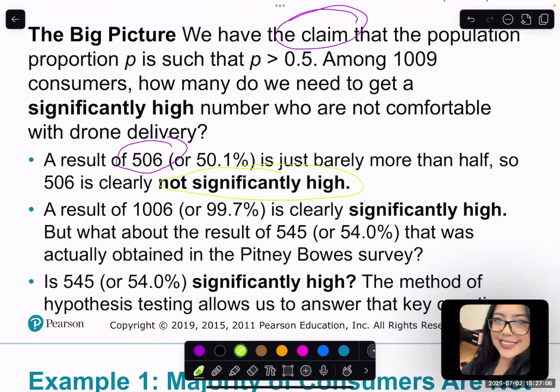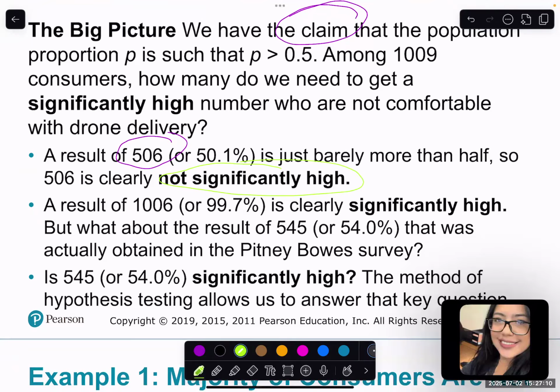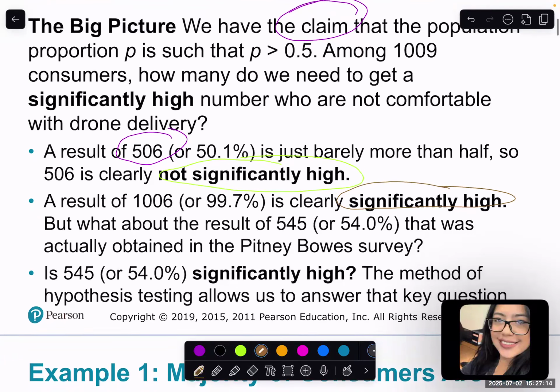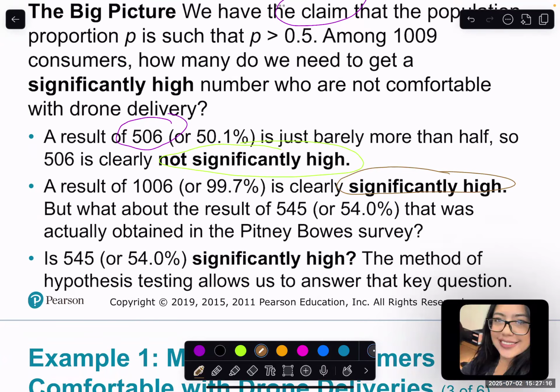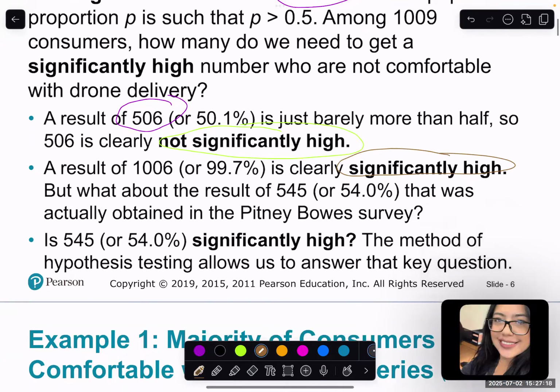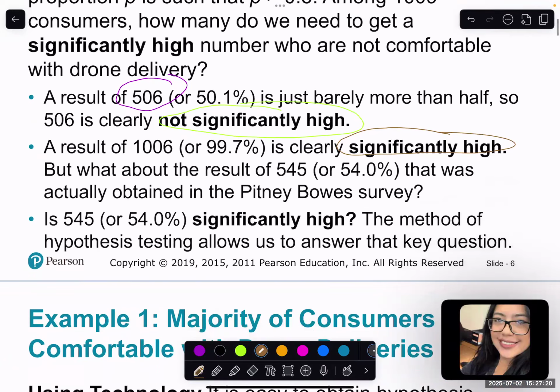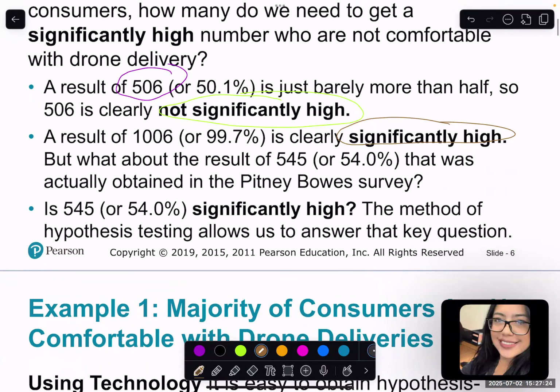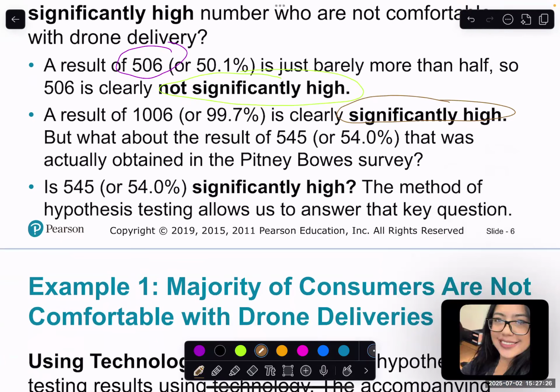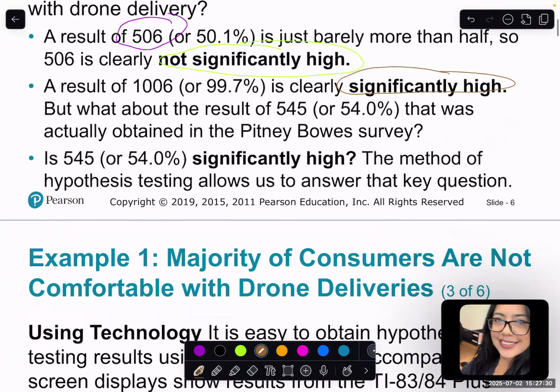A result of 1,006, or 99.7%, is significantly high. But what about 546 or 54%? Well, what we want to do is test if 54% is significantly high or significantly low. And the method that helps us do that is hypotheses testing.